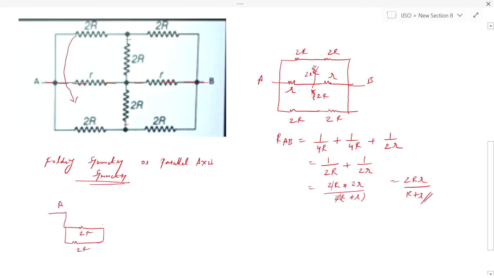Again there will be this 2R, which will come over here. So there is another resistance 2R. This 2R will come over here, and now this is B. And on this R there is no folding happening, right? So R will remain like this only.